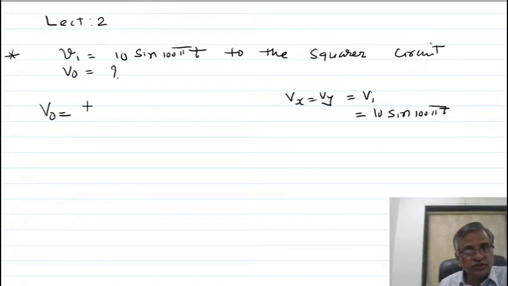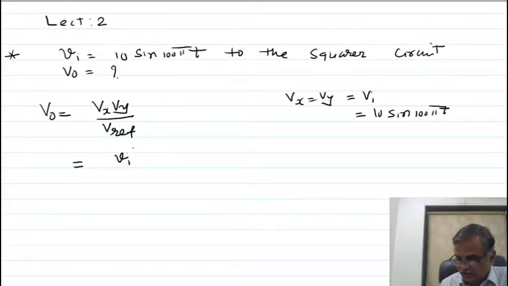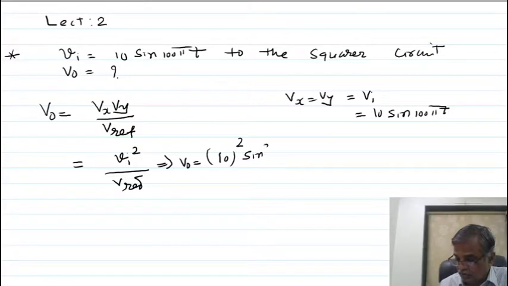So you know the equation of the output voltage for the multiplier IC is Vx Vy upon V reference. So it is nothing but Vi square upon V reference. From this I can write my equation of output voltage as 10 square into sine square 100 pi t upon V reference.